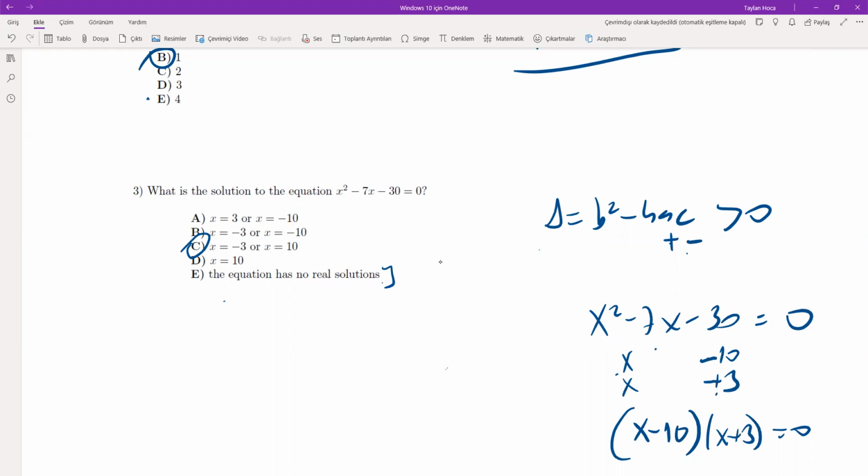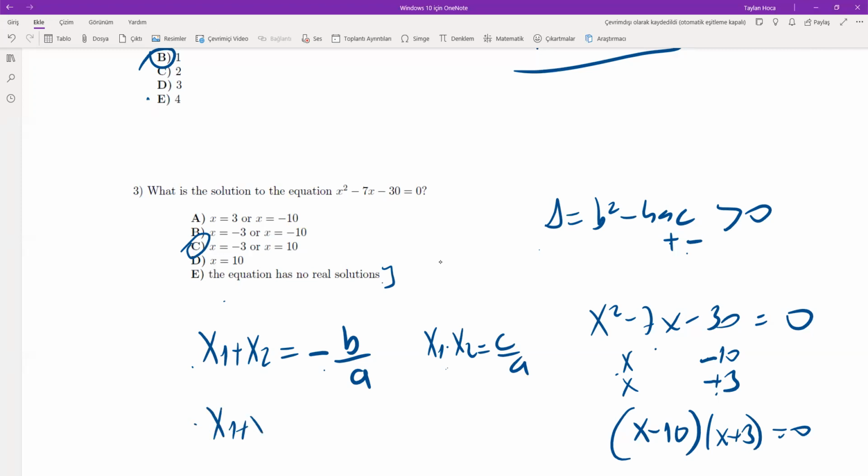If you are sure that there are solutions, know these two identities. Please know these, because in another question they can ask you directly the sum or the product of the solutions. So it's going to be very useful. The sum of solutions is negative b over a. The product of solutions is c over a.